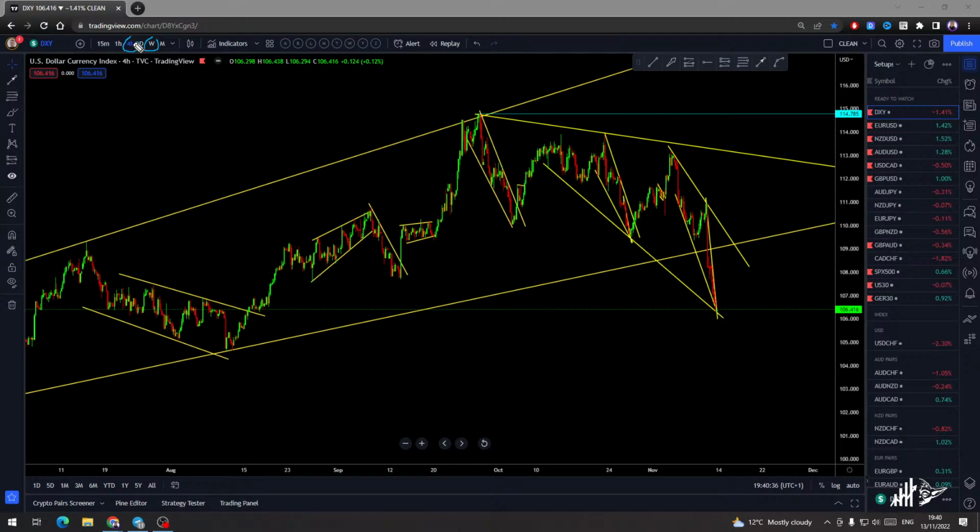So don't just stick to one time frame. You have to be capable of switching between those time frames. You have to be flexible.